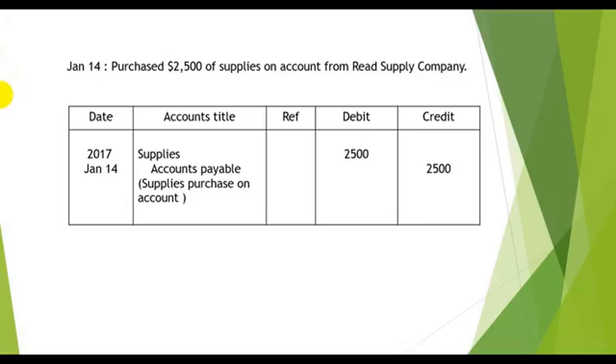Why? Because here it is on account, which means we have to add this on the liability side. So we post accounts payable on the credit side and supplies on the debit side.